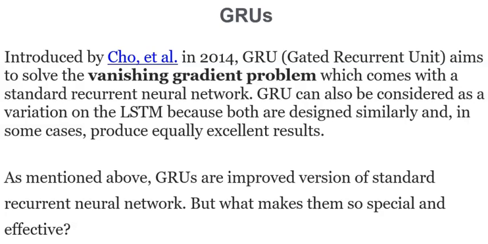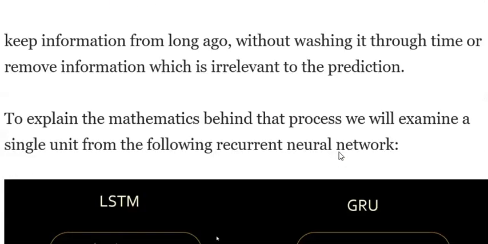Now coming back to GRU, it was developed in 2014 by Cho et al. in their paper. GRU is also basically used for long-term sequences like LSTM, but it's an improvised version of LSTM. So what is the improvised thing?